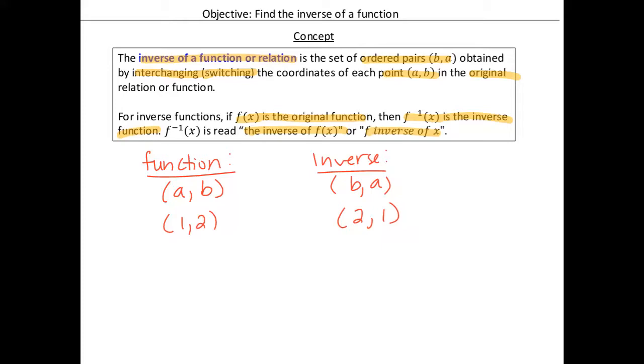We read it as f inverse of x, or the inverse of f of x. So the original function, we just say f of x, and the inverse, we say it's f inverse of x. But the main thing is for inverse, we switch the x and the y coordinates.